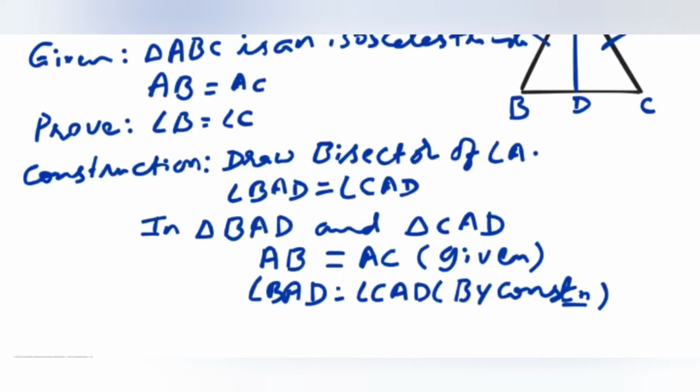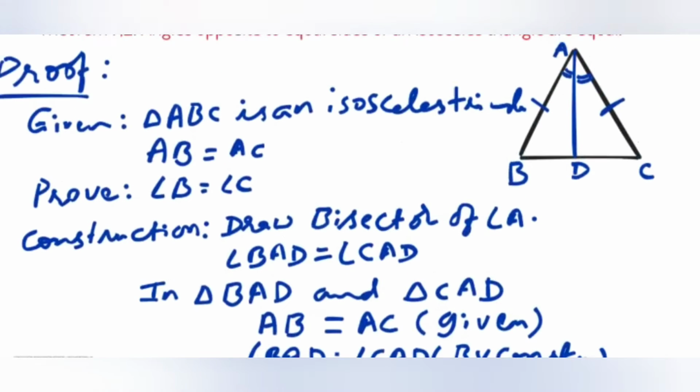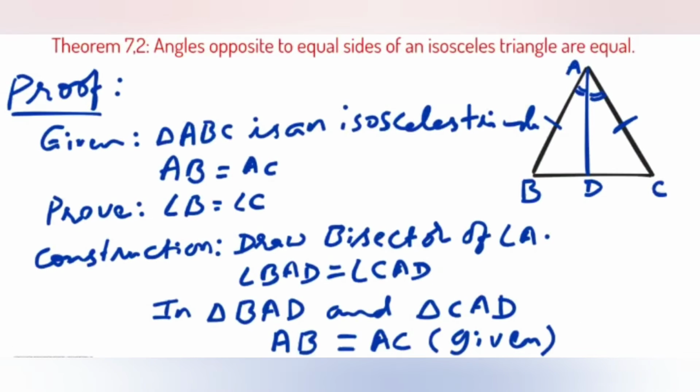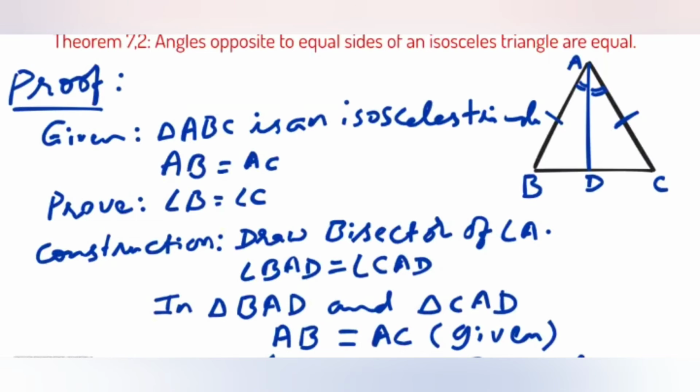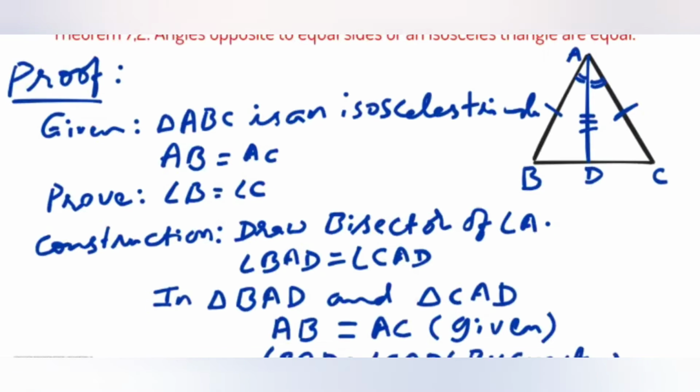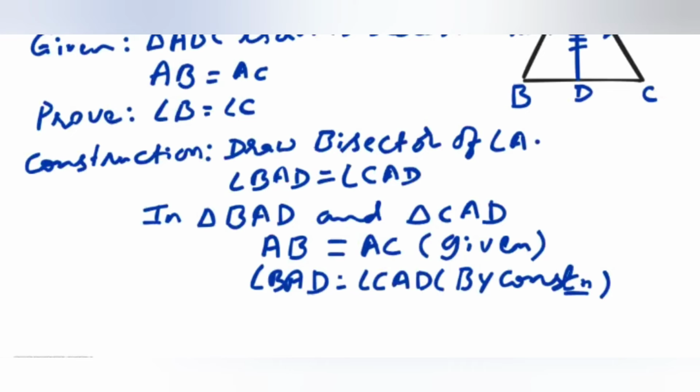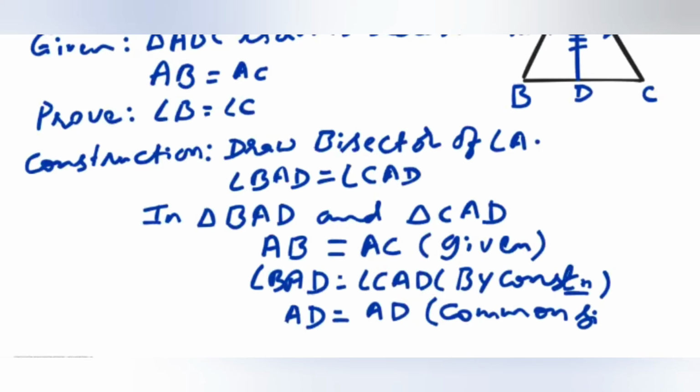Next, you have one thing common in both triangles. What is that? If you observe, this side AD is common for both triangles. Let us write AD is equal to AD, because of the common side.